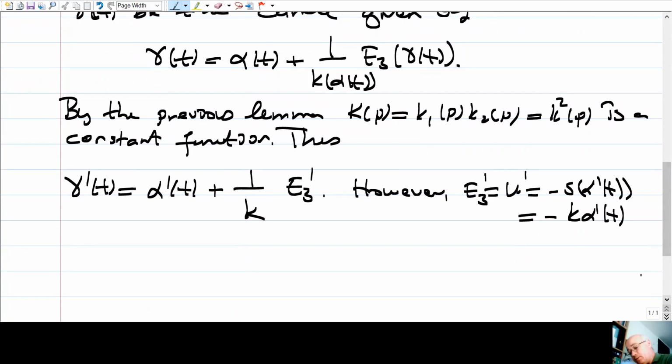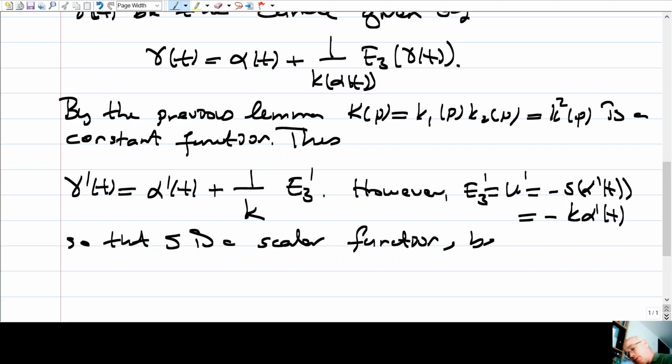Any direction is principal because all points are umbilic, therefore K1 equals K2. In other words, our shape operator is a scalar times the identity operator. So that S is a scalar function, because K is also constant.